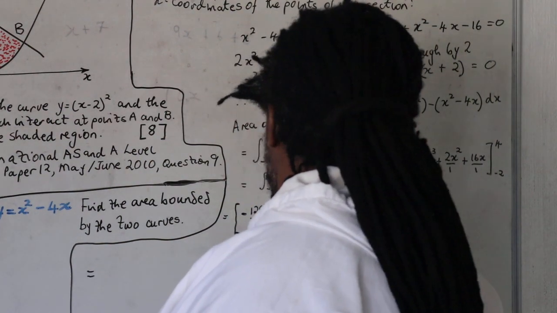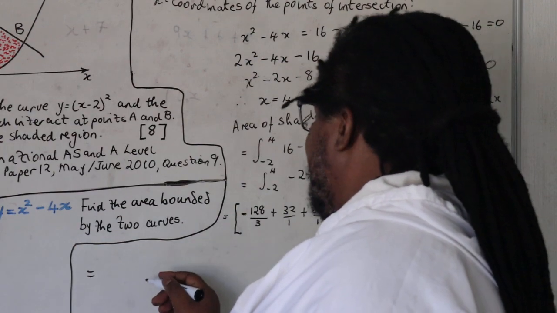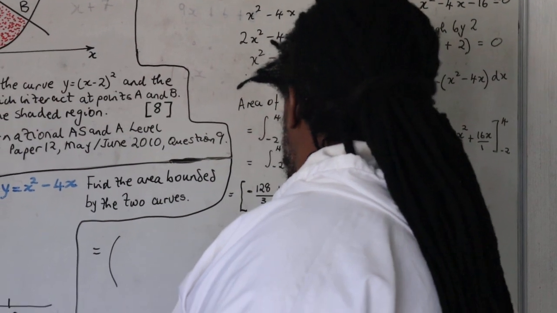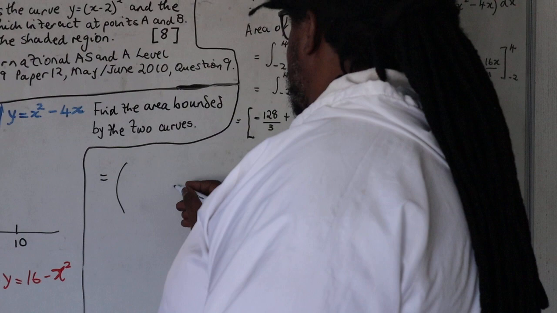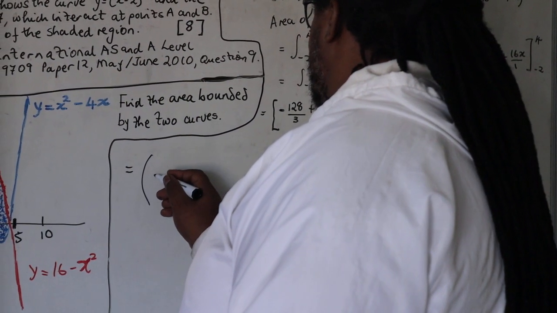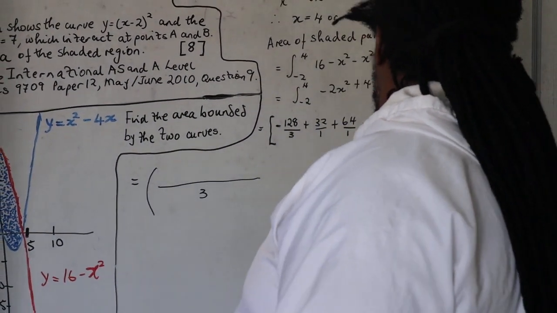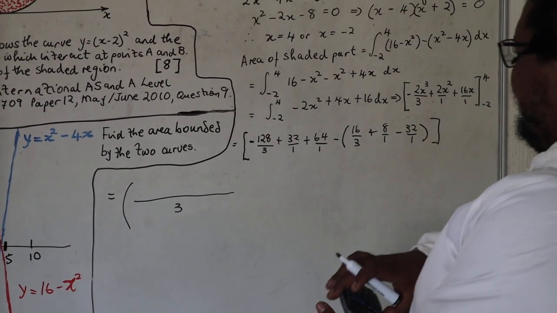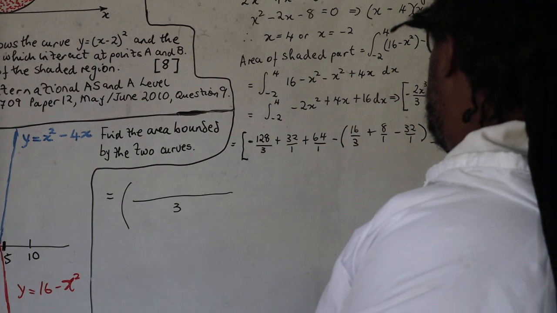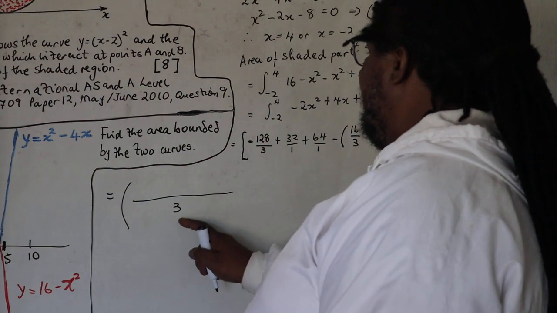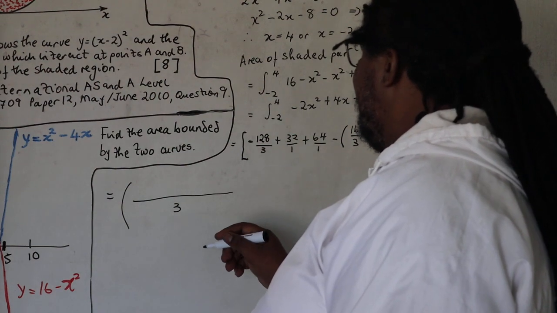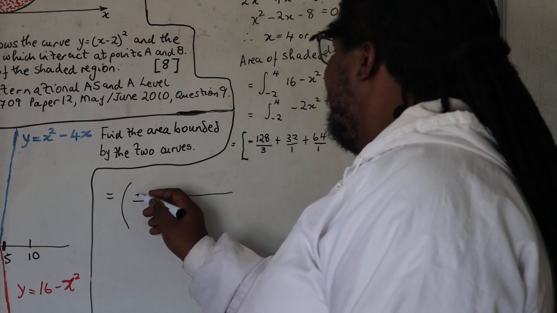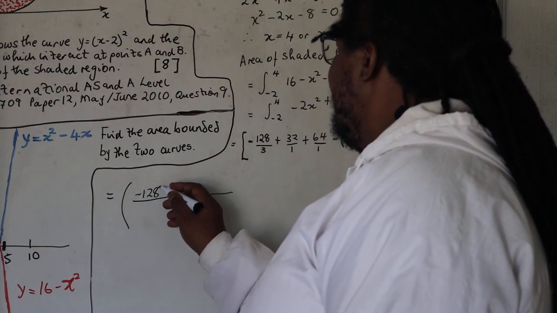And this is equal to, we can say, bracket, our common denominator is 3. So 3 into 3 is 1 times minus 128 gives us minus 128.